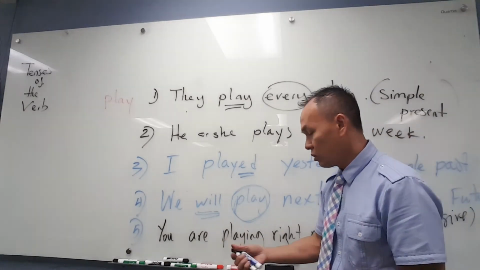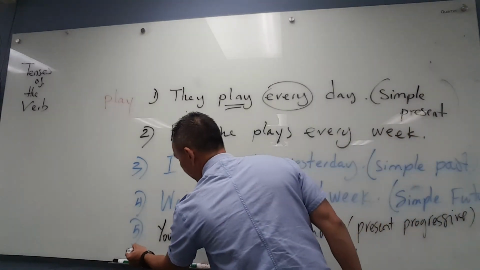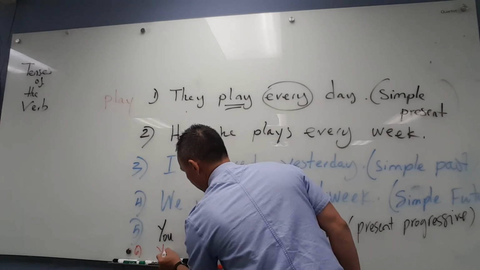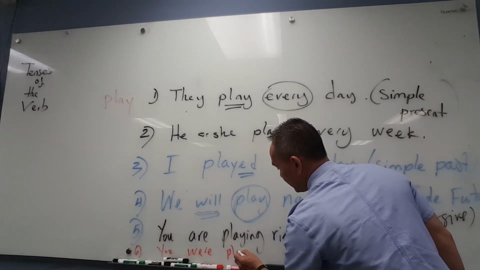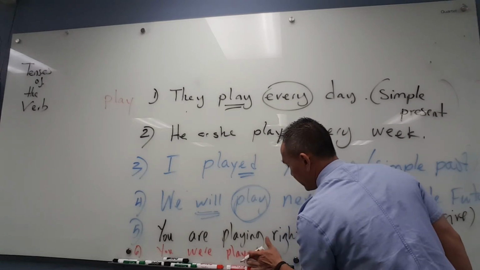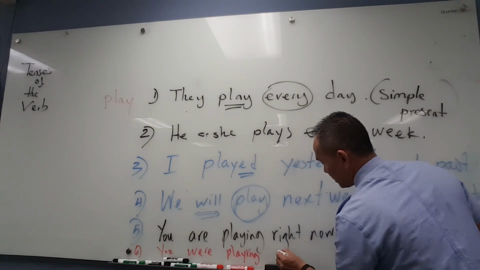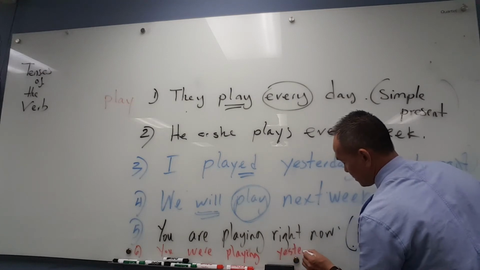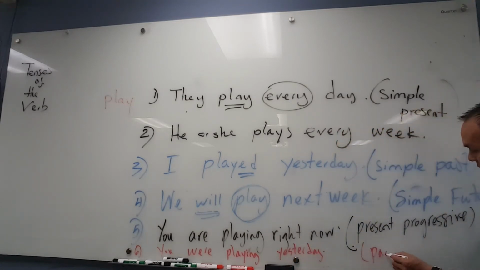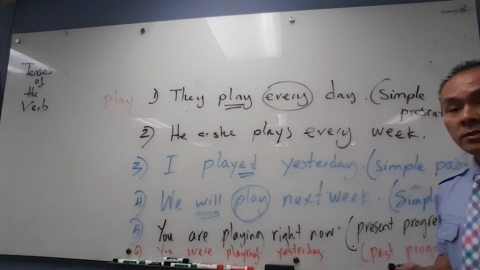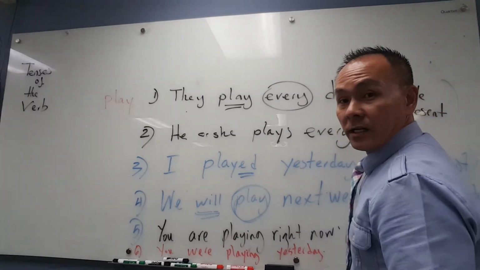Now, if you change this to the past, then you say you were playing yesterday. So this is the past, and we call it past progressive. Okay? So say together. Simple present.